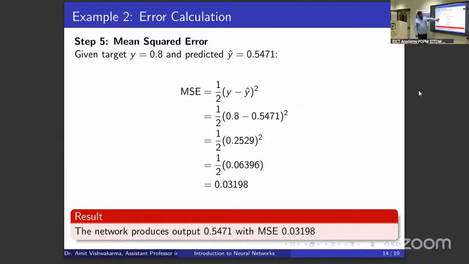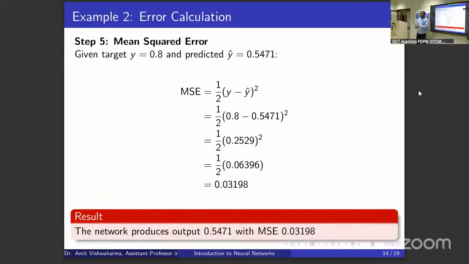Now go back to this. If I ask you, up to this much knowledge, how will you make y hat close to 0.8? What are the possible ways to do this? Changing the weights. What about bias? Can we change the bias also?